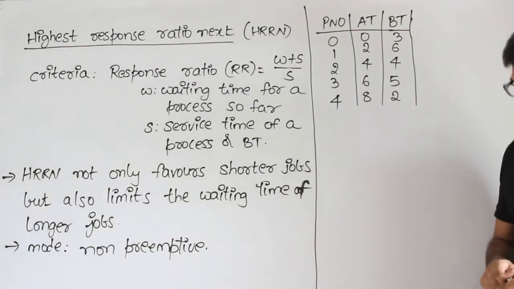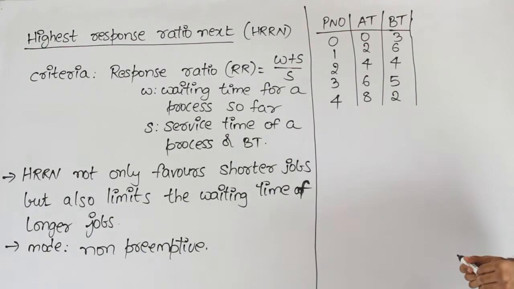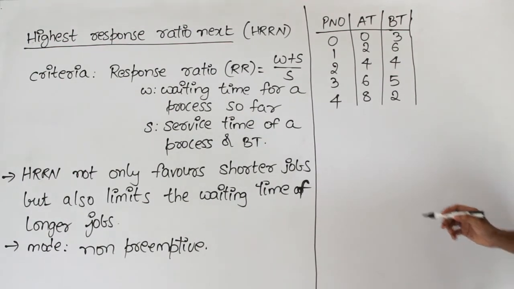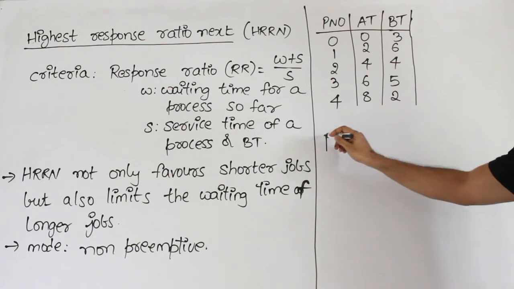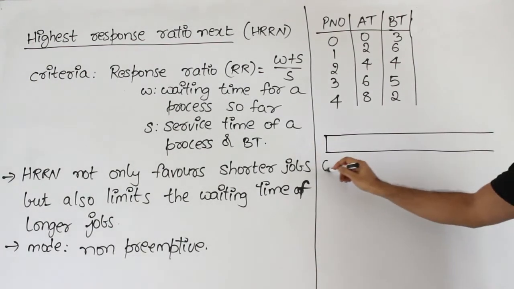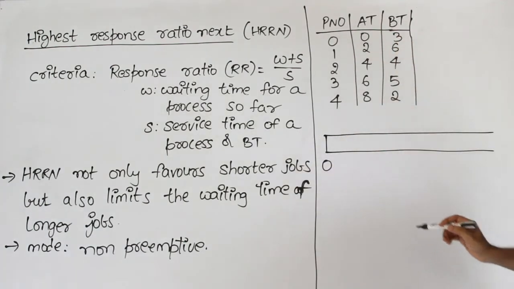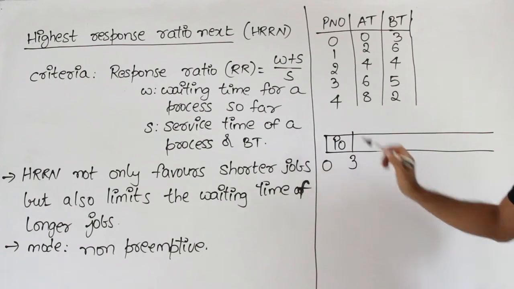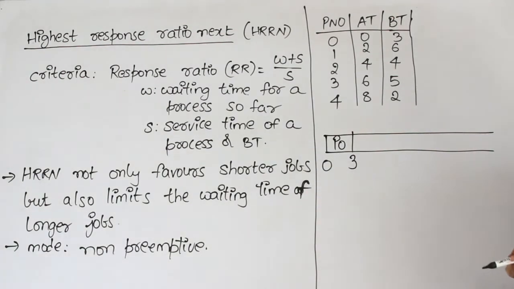Now take this example and we shall see how this works. At time 0 I am going to start the process P0 and run it to completion, since it is non-preemptive.